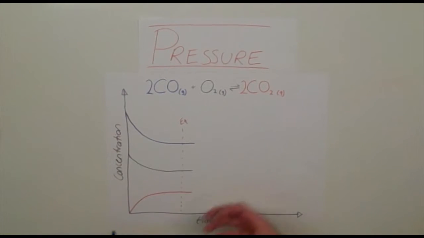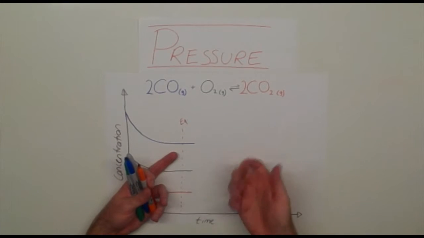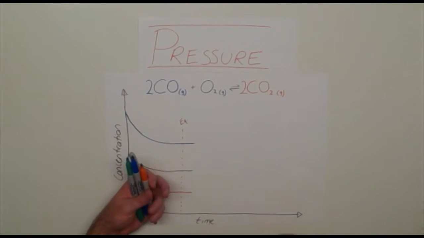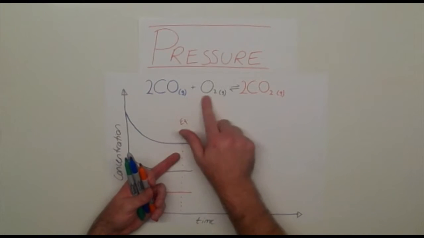So what it will do is go to the side of the reaction which has the least number of gaseous moles on it. That actually decreases the pressure because you're reducing the number of moles in there, so you're reducing the pressure back. So what you need to do is have a look at the stoichiometry numbers in front of the molecules that you're reacting. Here we've got carbon monoxide, and there's 2, and oxygen we've got 1.